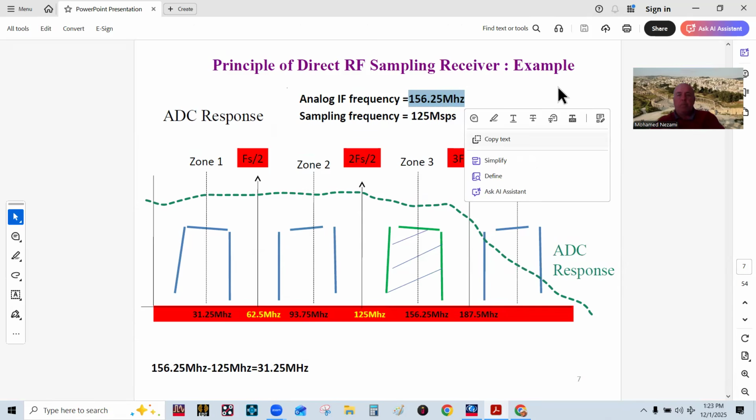So now we have an ADC where we're feeding it 156.25 megahertz sampled at 125 megasamples per second. From the Nyquist zones, the dashed line here is the bandwidth of the ADC, and we can see that the ADC starts deteriorating above the fourth Nyquist zone region.